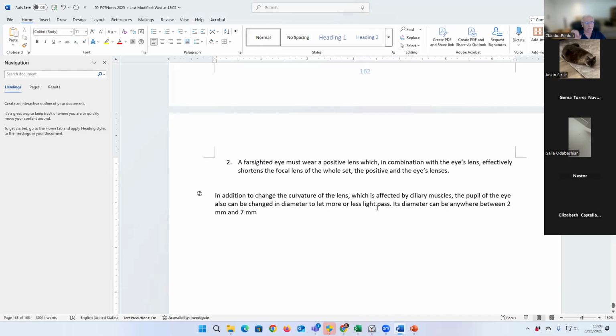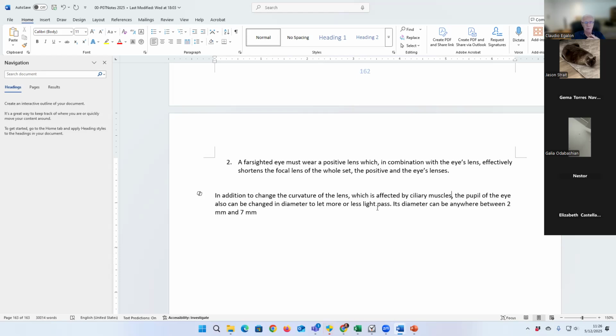The pupil of the eye is that black dot that everybody sees. It is the window to the retina. That's where the light passes through. But its diameter can change between 2 millimeters and 7 millimeters, depending on the amount of light.